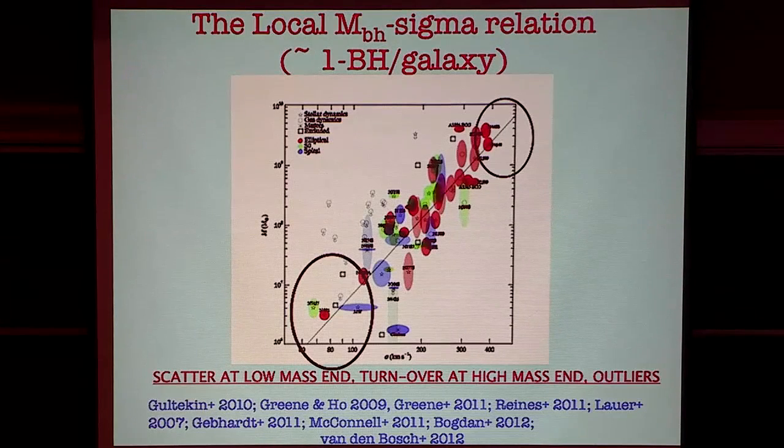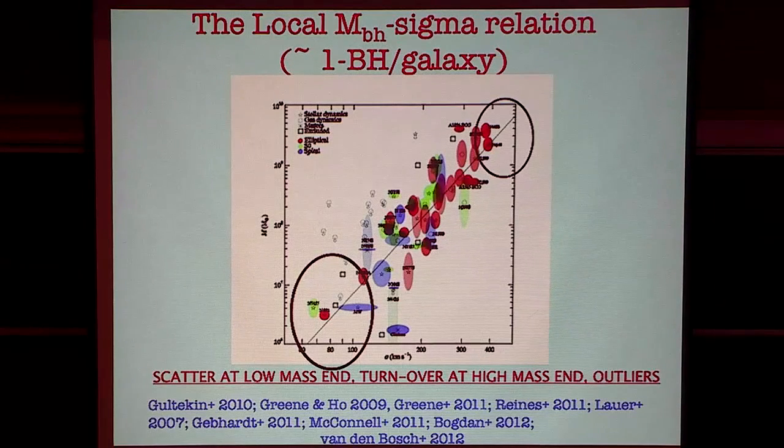And it turns out, the reason I'm even showing you this, is that the formation models have consequences for these two ends, despite the fact there's a lot of complex star formation and dynamical activity that happens in the universe to bring galaxies down locally to this correlation. So the two things to note. First is that we are seeing quasars out to very, very high redshifts, which are powered by supermassive black holes with mass estimates of the order of 10 to the 9 solar masses in place by redshift 7, 7.5.